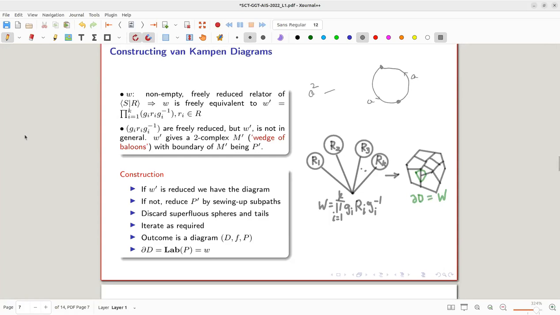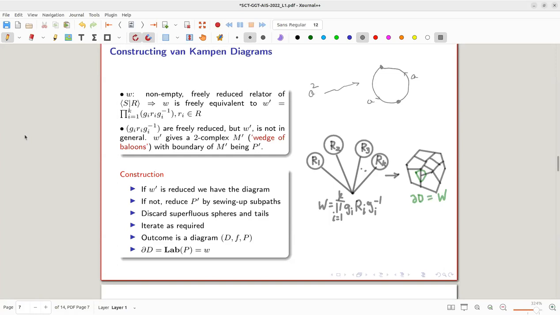No, how are you attaching the disk to this boundary? Sorry? We already have disks corresponding to relators, right? Okay. So these are disks, R1, R2, R3, RK. These are all disks. So what we are doing here is, this is a contractible thing, of course. Okay, all right. You are not identifying anything, right?